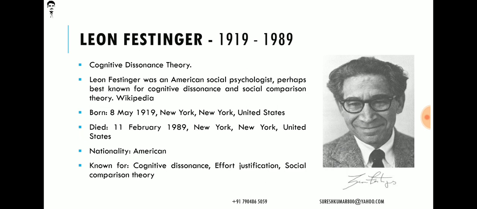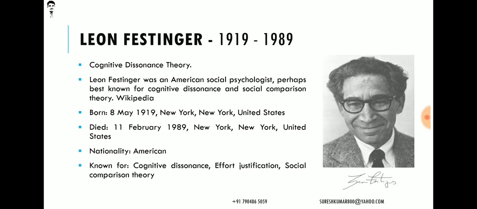And Leon Festinger is also of the same period as what we have seen earlier, 1919 to 1989. He proposed a theory called cognitive dissonance theory. It is one of the important theories. Still nowadays we are using it, not only in social psychology, but in other applied psychology fields also. Leon Festinger was an American social psychologist, perhaps best known for cognitive dissonance and social comparison theory.